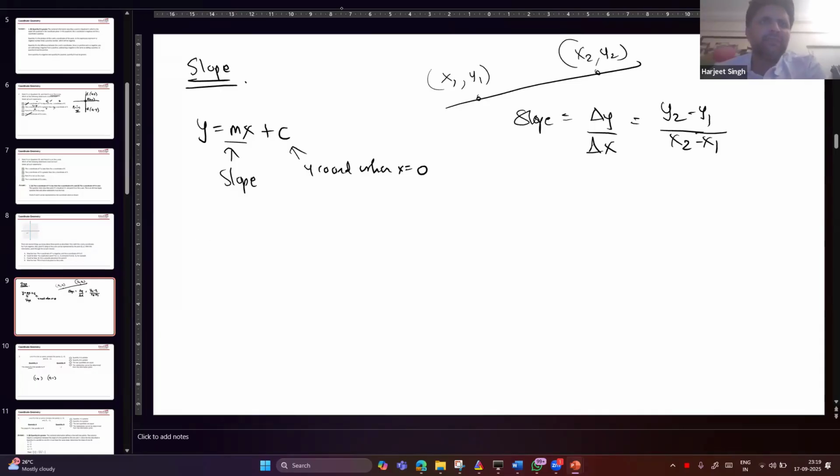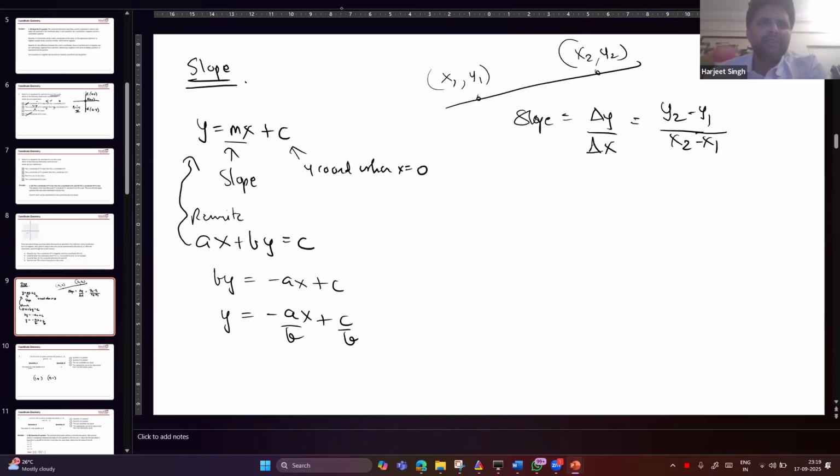Also, if the line is of the form ax plus by equals c, I can rewrite it in the slope format. When I do that, it becomes by equals minus ax plus c. So y equals minus ax by b plus c by b. So the slope m becomes minus a by b.